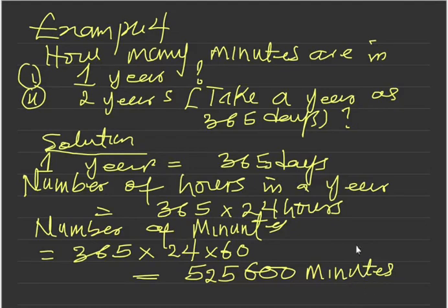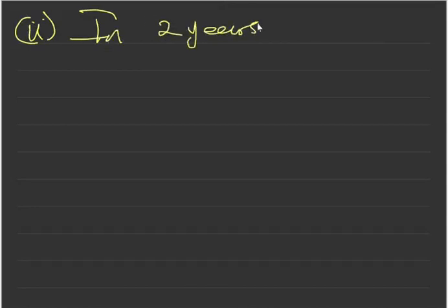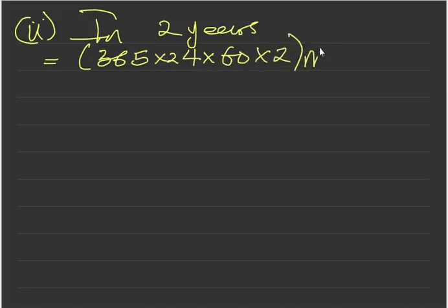So let's also go further to calculate the minutes we are going to get in 2 years. The B part, the Roman figure 2, is in 2 years. Since we are able to get 365 days times 24 times 60, this one is a year times 2, all in minutes.